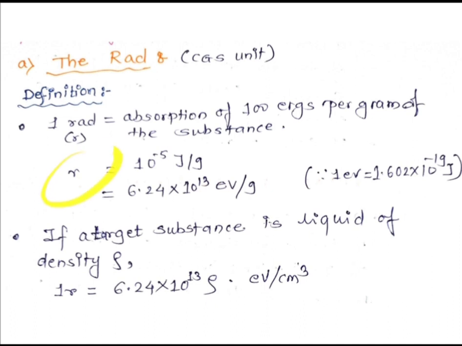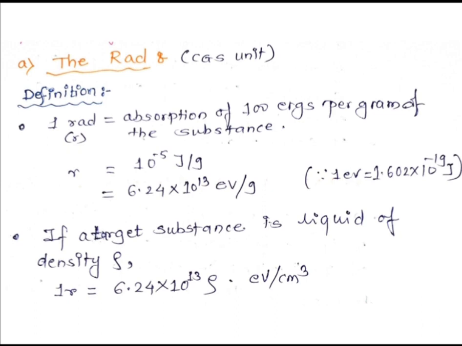So here the equation is given: 1 rad is equal to 10^-5 joules per gram. So here the conversion is given: 1 rad is equal to 100 ergs per gram, and it is equivalent to 10^-5 joules per gram.